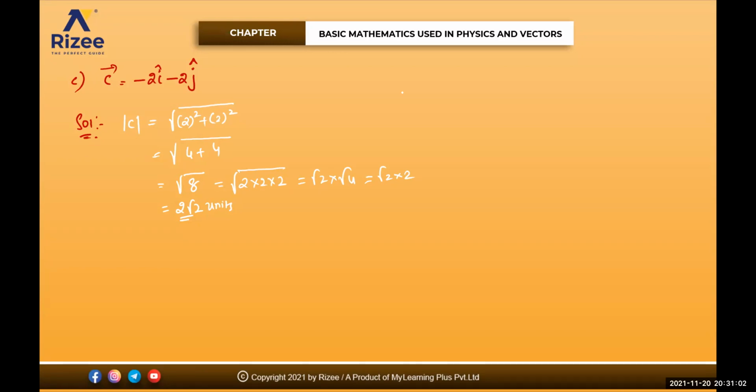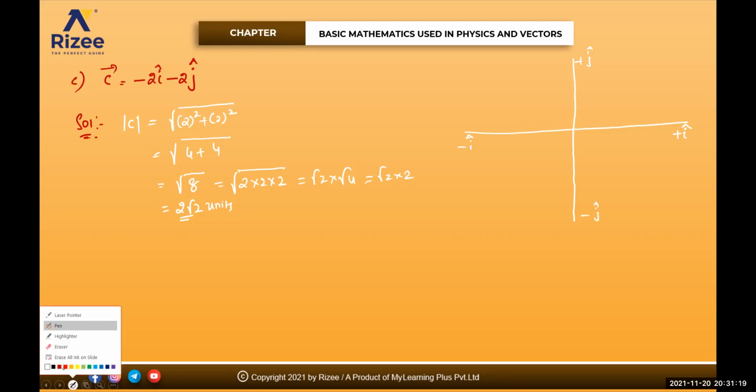Can anyone tell me the direction now? This is very important. This is positive i, negative i, positive j, negative j. So on the x-axis this one is minus 2i, and this one is minus 2j.